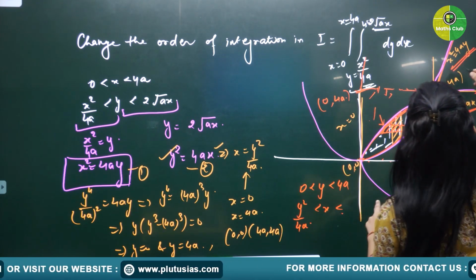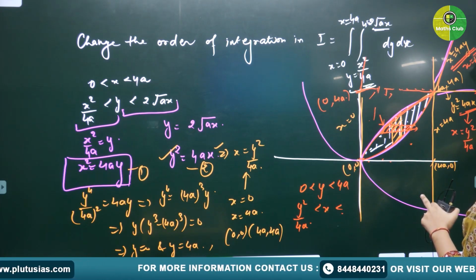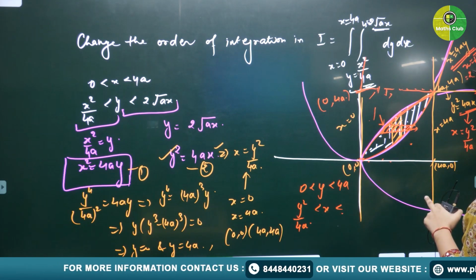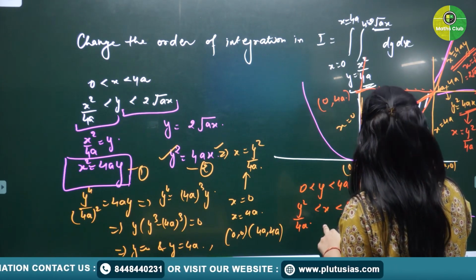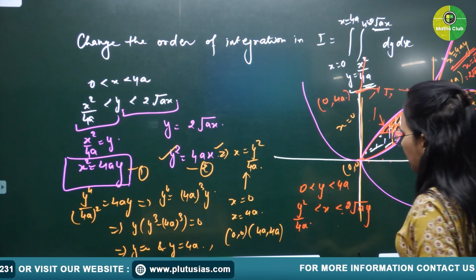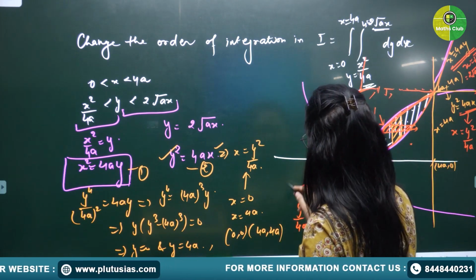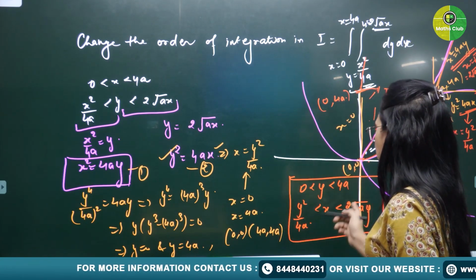That means x is equal to under the root 4ay, that is 2 root ay, and hence we have the upper limit as 2 root ay. And these are the limits which we required, and these are the limits which are changed.